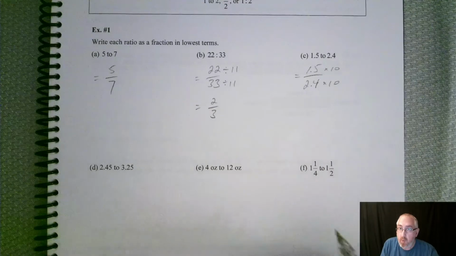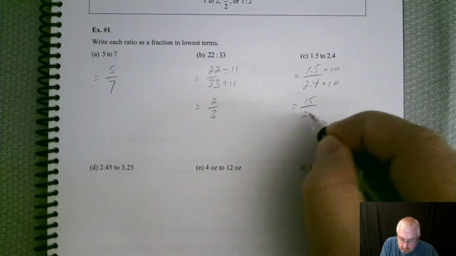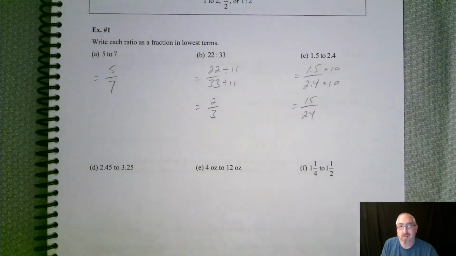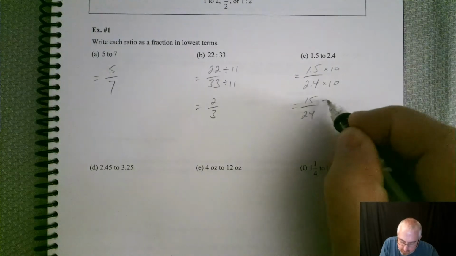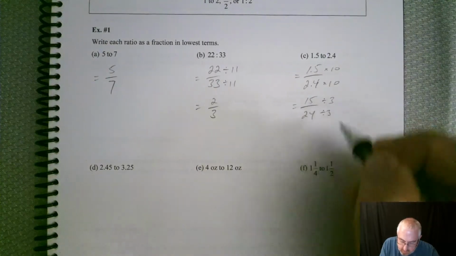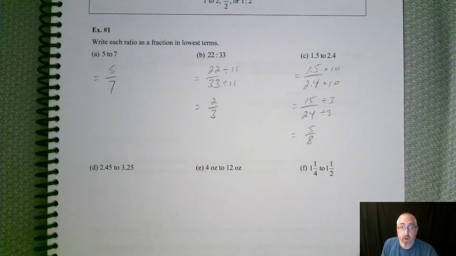And that's going to move it over that one spot. So now we're dealing with 15 over 24. And now it's just like the previous ones. See if we can find that common factor to divide out and then reduce it down. So in this case, 3 is our common factor. So we end up with a 5 to 8 ratio.